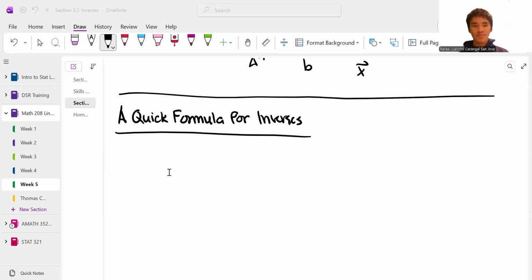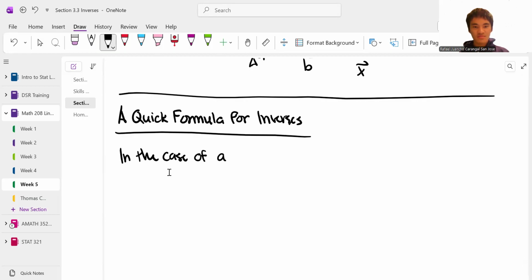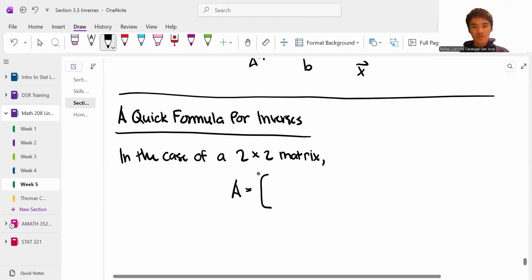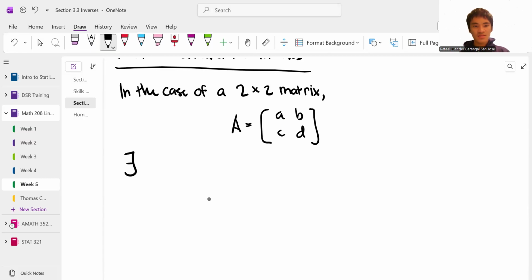So there is, but specifically in a 2 by 2 matrix, not for more. So say we have A, which is a 2 by 2: A, B, C, D.